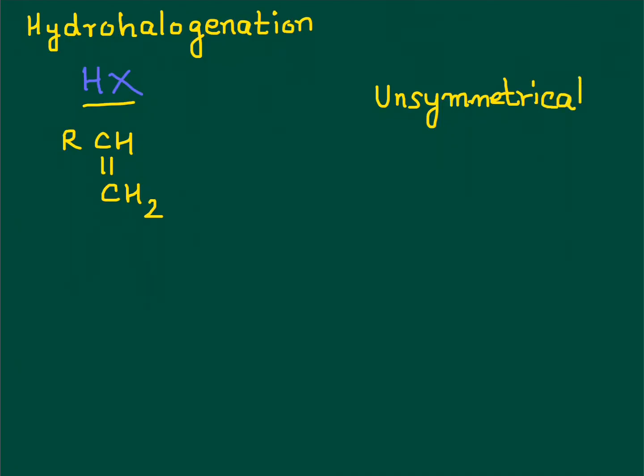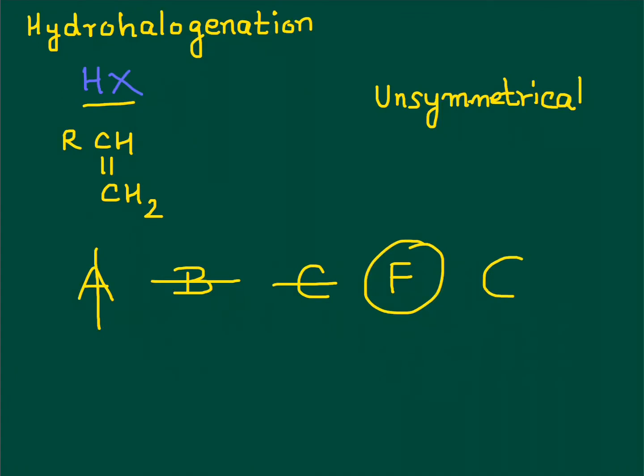You have learnt about symmetry. The two parts are mirror images of each other. So A has a line of symmetry, B has a line of symmetry, C has a line of symmetry. What about F? Does it have a line of symmetry? No. What about G? Does it have a line of symmetry?